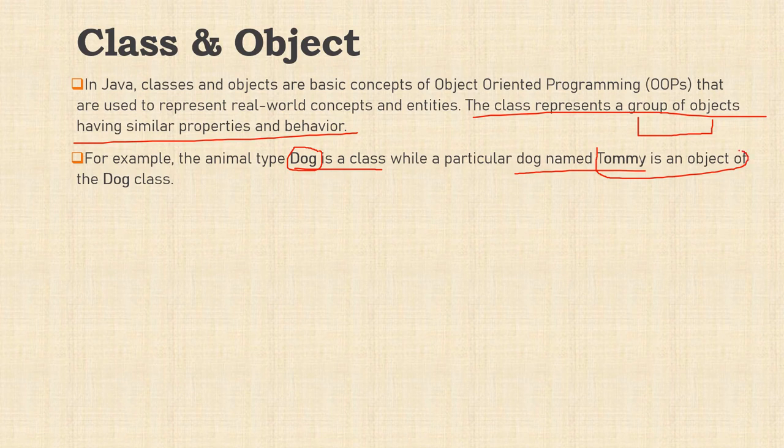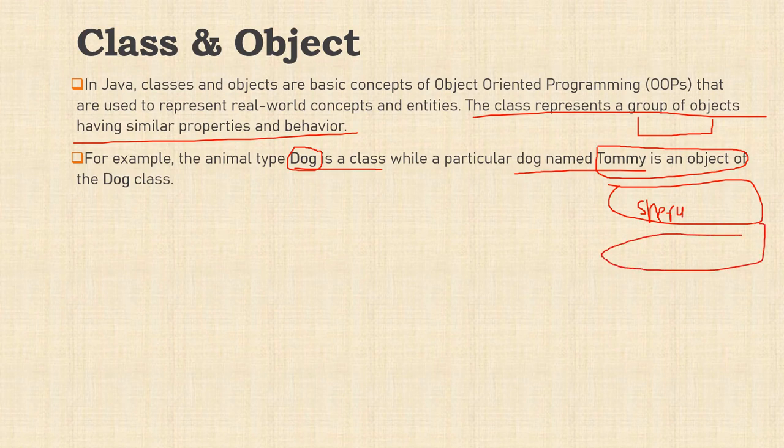We have created one instance of the dog class, which is Tommy, so we can also create another instance of the class, which we can name Seru. That will be another object of that class. If you want to create a third object of the class, you can use any other name of a dog. Like this we can create classes and objects inside Java.